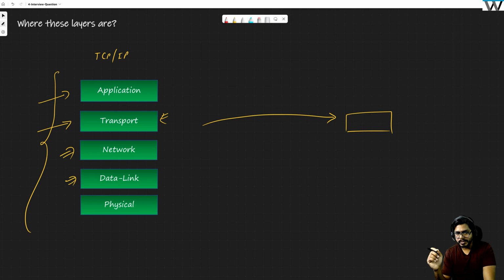Now the question arises, where exactly are these layers? Any device that can connect to the internet and communicate over it has all these layers implemented, or in other words, has this model implemented.